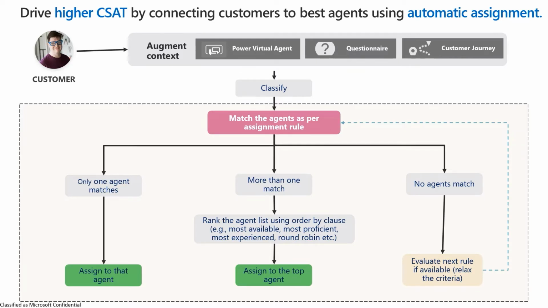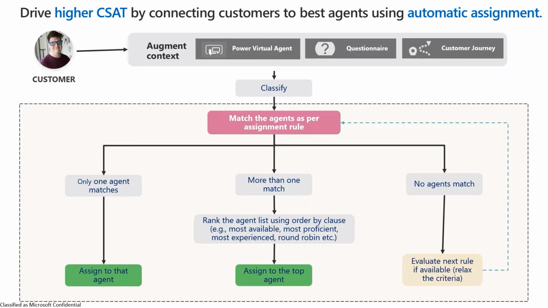So whenever those rules are run, there can be three possible results. Only one agent matches. In that case, the work will be assigned to that agent. It may also happen that more than one agent are matching the criteria, like more than one skilled agents are available who can take the same work. In this case, unified routing allows you to rank the agents.